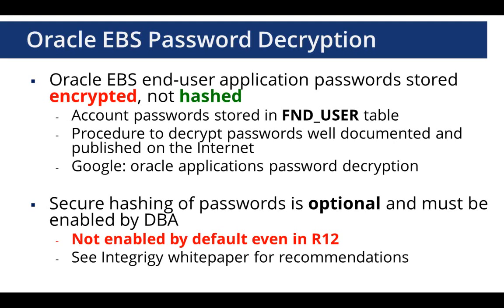And if it's maybe a development environment and you haven't changed every single user password when you've cloned from production to development, someone, maybe one of your developers, can go into development, get all the passwords for production, and then go in as a user in production, maybe your AP manager, and start entering vendors and invoices and cutting checks. So this is a very powerful vulnerability within the application. And by the way, one of the steps to secure the application is changing the default encryption to allow hashing.